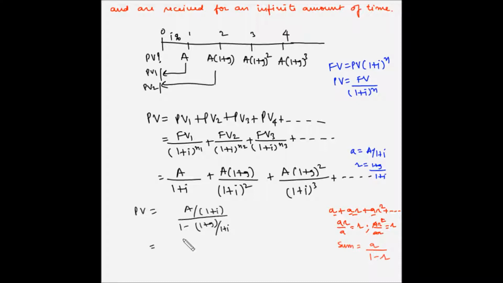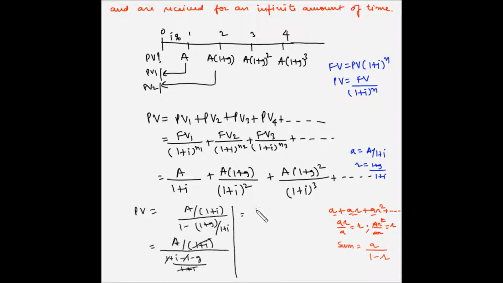So this is equal to A divided by (1 + i), and let's take the LCM here. So (1 + i), this becomes (1 + i) minus 1 minus g. So this (1 + i) gets cancelled with this (1 + i), and this 1 gets cancelled with this 1.